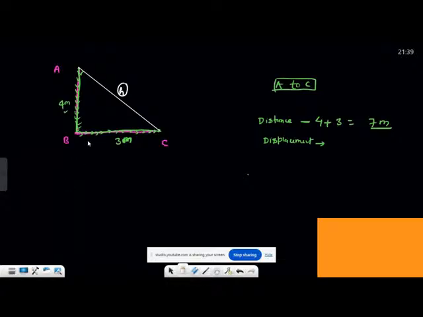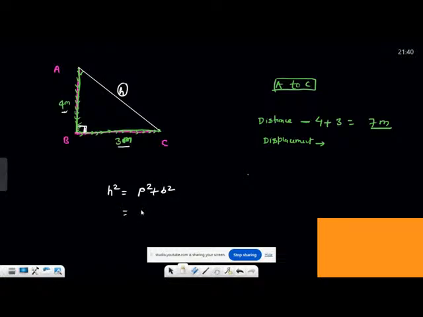Then how can we find the length of AC? Here a right angle is formed. This is your right angle triangle, and this is base, and this is perpendicular. Now you can calculate AC by using Pythagoras theorem, which is hypotenuse square equal to perpendicular square plus base square.